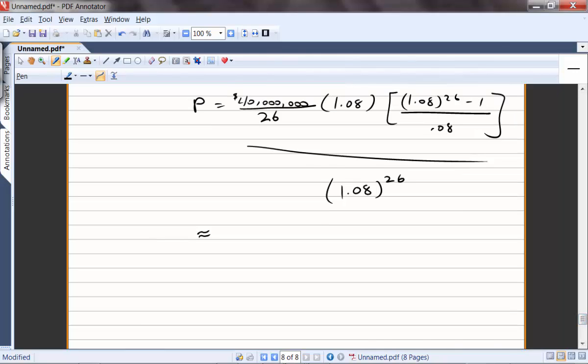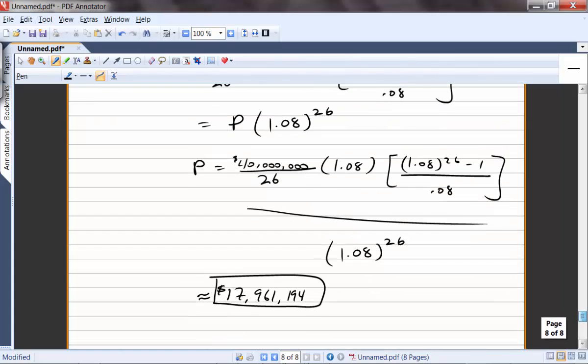And you will get, let's see, 17,961,194, rounded to the nearest dollar. That's the present value of this annuity to us, as of today.